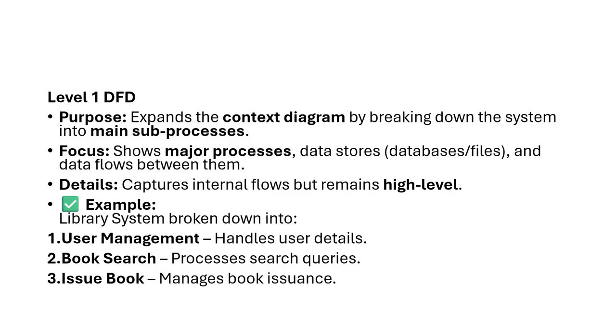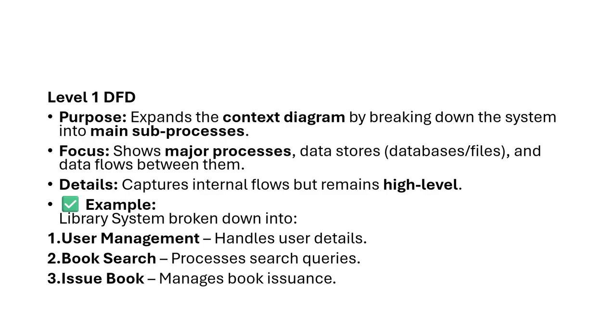Then we have level 1 DFD that expands the context diagram by breaking down the system into main sub-processes. It mainly shows the major processes, data stores, whether it is a database or a file or directory structure, and data flows between them.